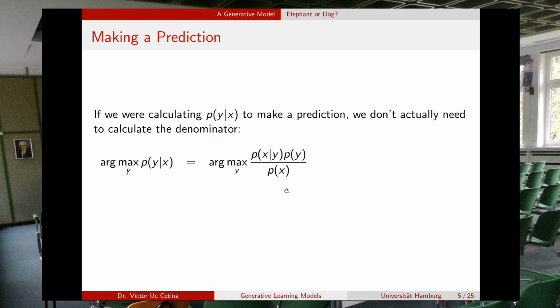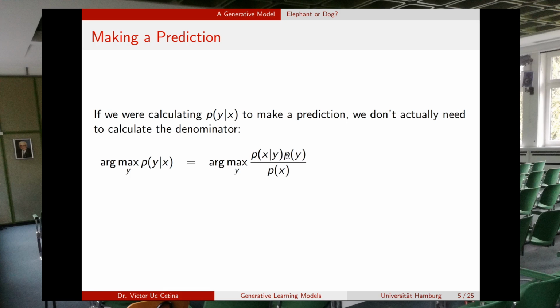Now here in the numerator, in the case of dog, you will compute the probability of x given y equals 0 times the probability of y equals 0 divided by the probability of x. When you then calculate the probability of being an elephant, you will compute the probability of x given that y equals 1 times the probability of y equals 1.